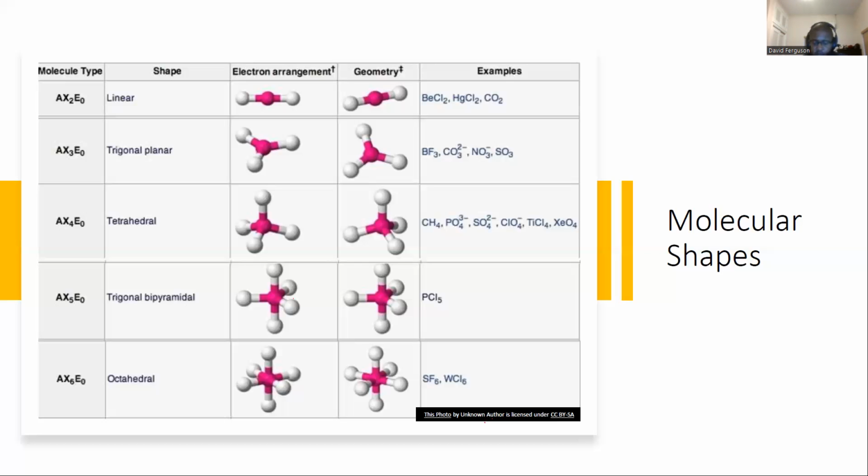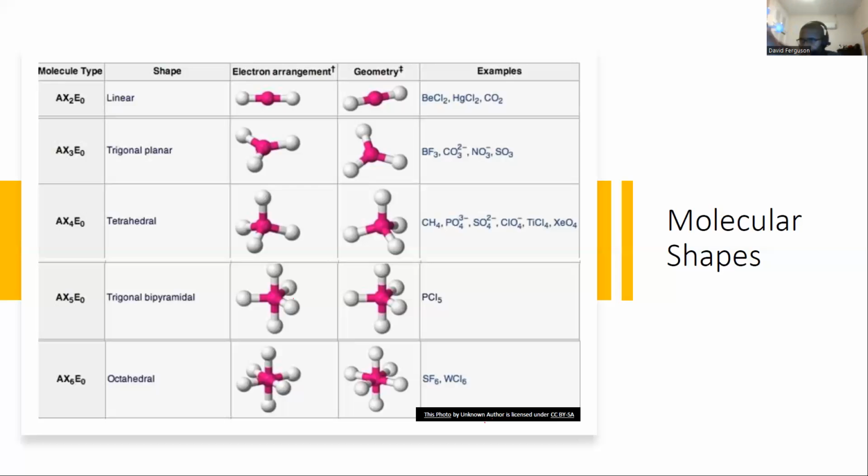Okay, so let's talk about methane. Methane is tetrahedral. See? Tetrahedral, there are four faces.